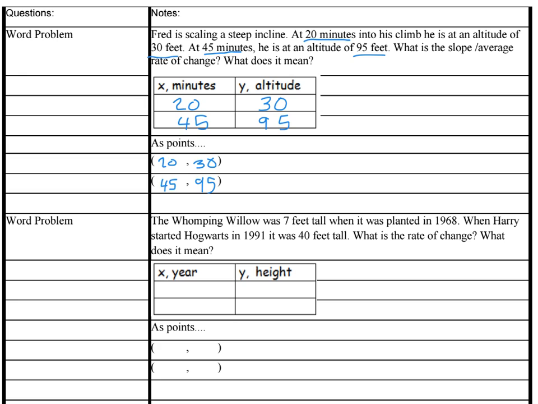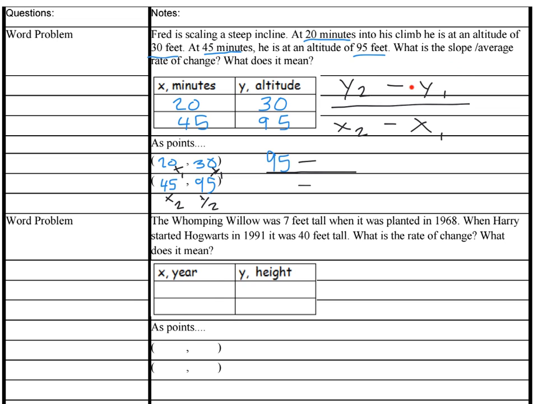And now to figure out the slope, we need the slope formula. And let's go ahead and label our two ordered pairs, x, y, and then one group as 1 and the other as 2. So let's write out the fraction bar and our subtract, and then we just plug it in. So we look for y2, which is right here, so 95 goes first.